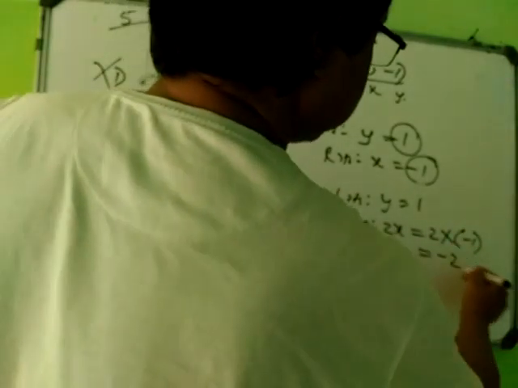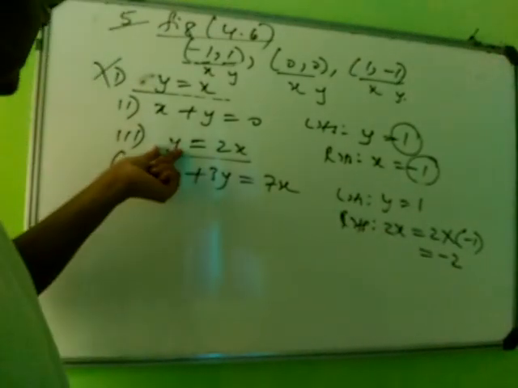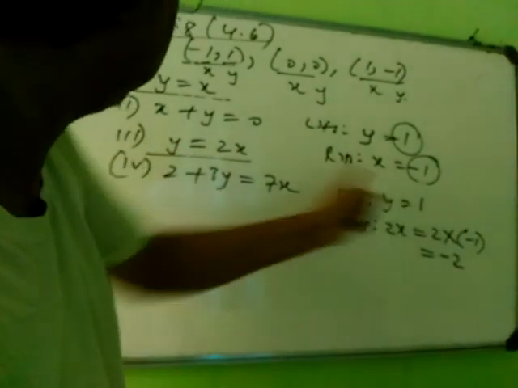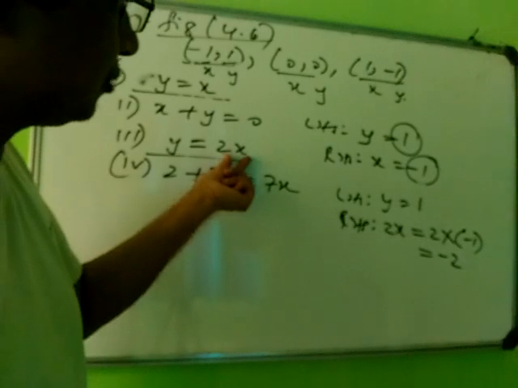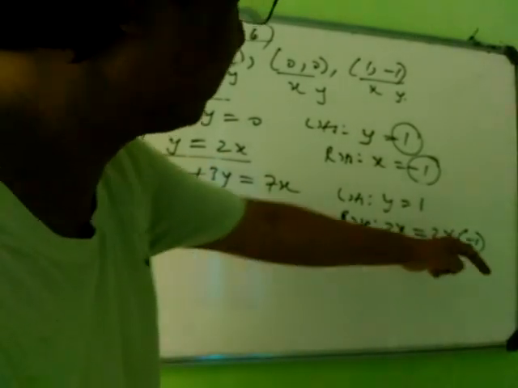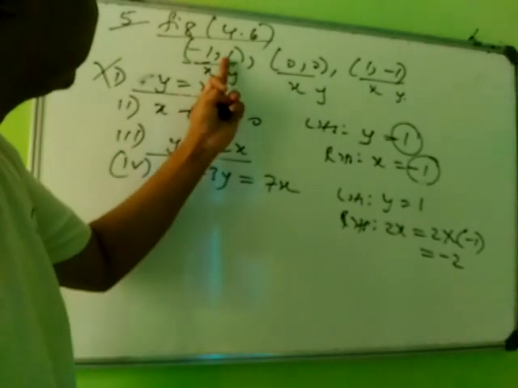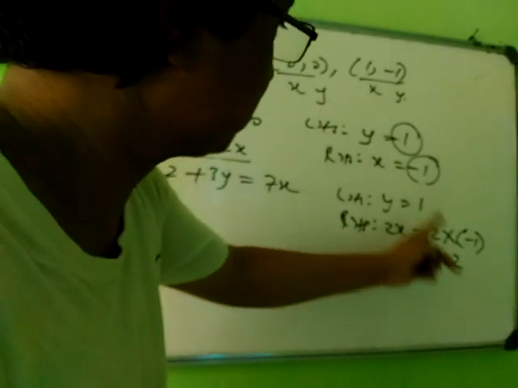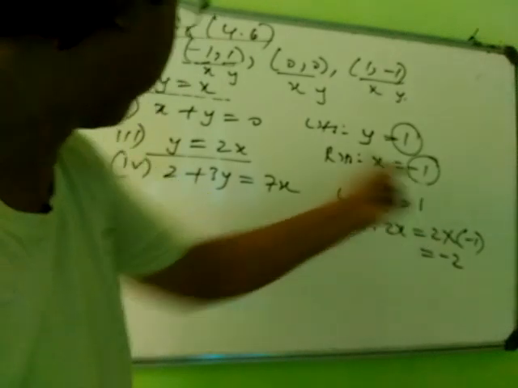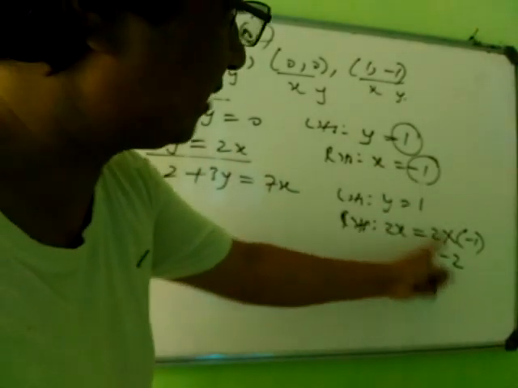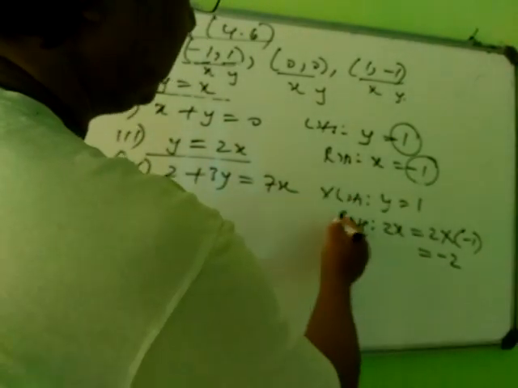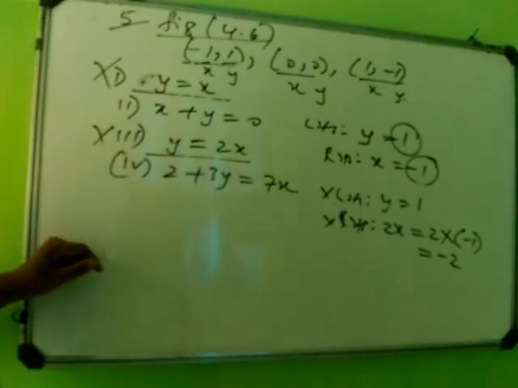So you got how much? Minus 2. So the left hand side you got 1, and the right hand side you took twice x. By putting minus 1 in place of x, you got minus 2. Are these two the same? Y equals twice x. Are these two values the same? No. So these two are not the same, so this also cannot come.